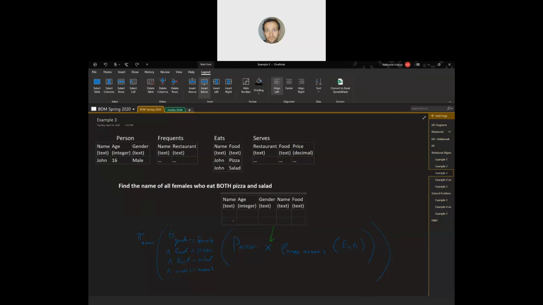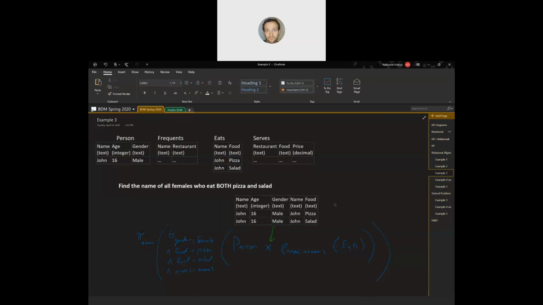This will have two entries. John, 16, male, John, pizza. John, 16, male, John, salad. So this is just the cross product. And then we have a rename.